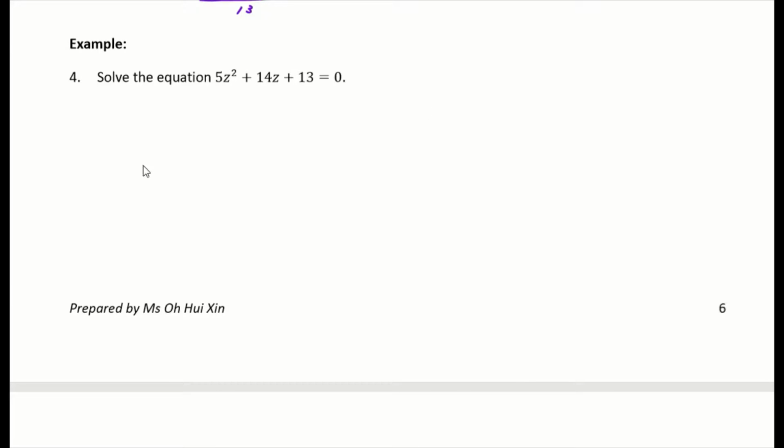Okay, number 4: solve the equation 5z squared plus 14z plus 13 equals 0. This is exactly the same as how we solve a quadratic equation.